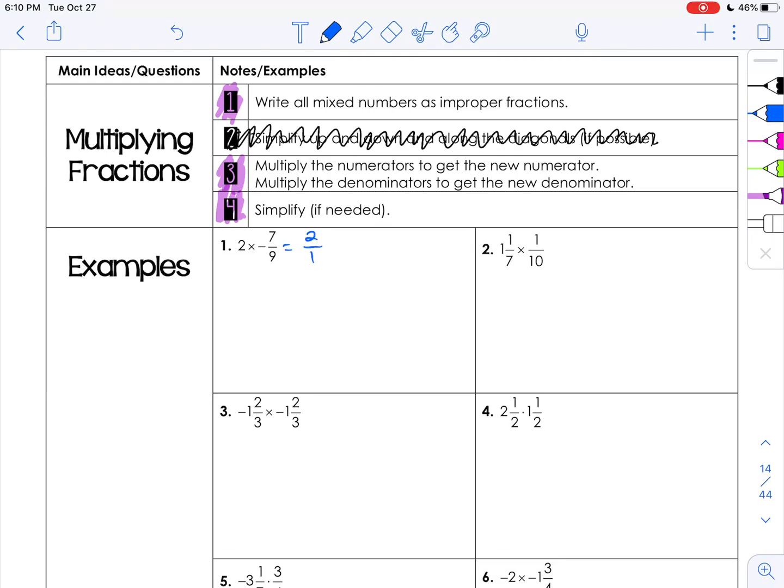So 2 over 1 times negative 7/9. Now that I'm dealing with proper and improper fractions, I'm going to multiply my numerator, 2 times negative 7, times my denominator, 1 times 9. And I'm going to pull this problem down here so I have a little bit more room.